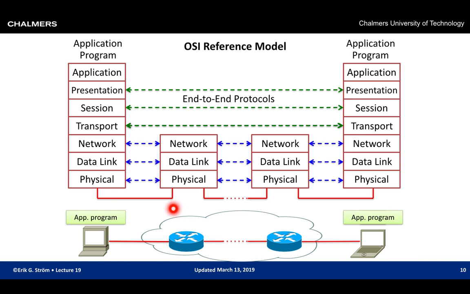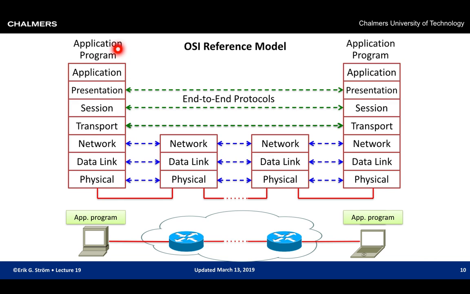And inside the network, the protocols which are active are network protocols, data link protocols, and physical layer protocols. These are implemented, perhaps not all of them in all nodes, but at most these three. The transport layer is implemented in the end nodes. So there is a transport layer at one end and a transport layer at the other end. There is no transport layer inside the network, in the routers and so forth. It's not part of it.